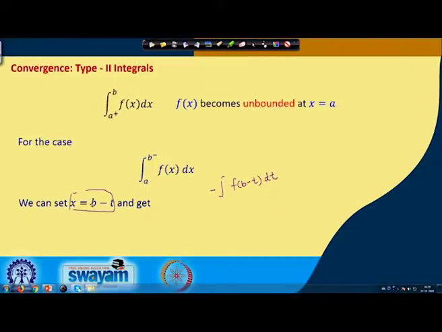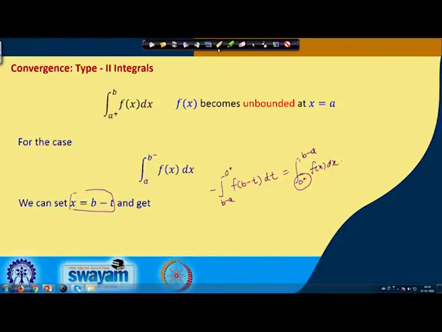Then when x is a, t becomes b minus a, and when x is b minus, t becomes 0. So this changes the limits, and we get the integral from 0 plus to b minus a, again with f unbounded when the variable goes to 0.